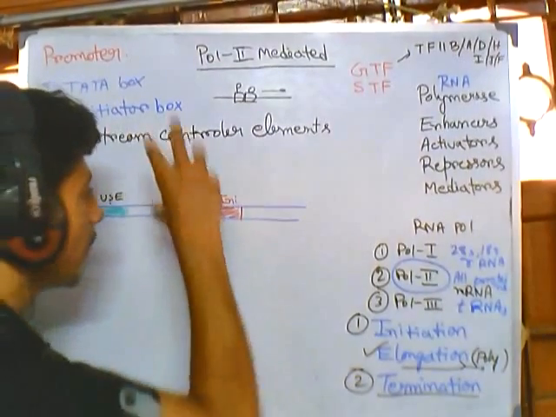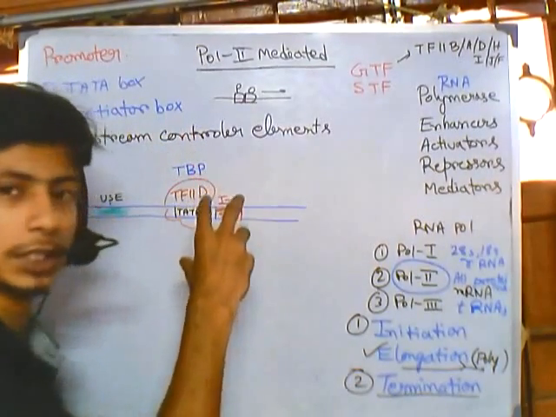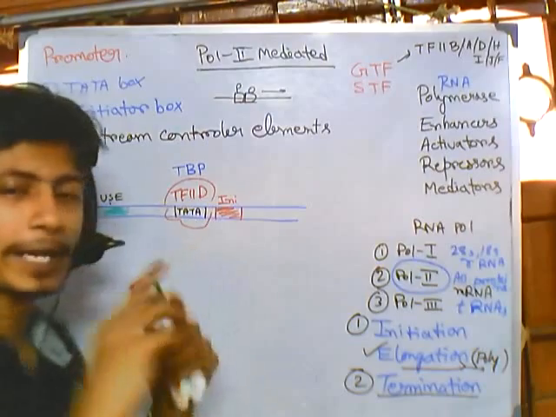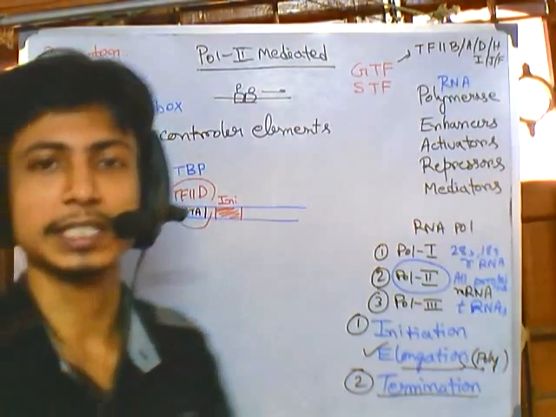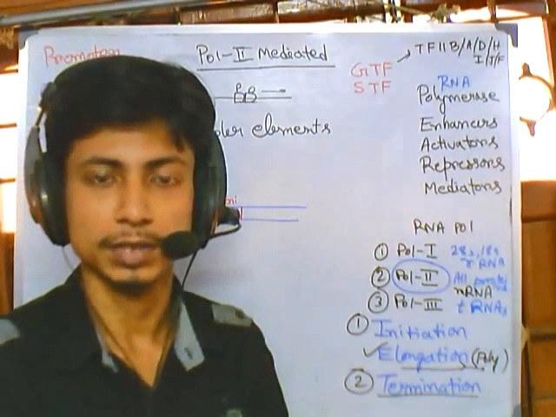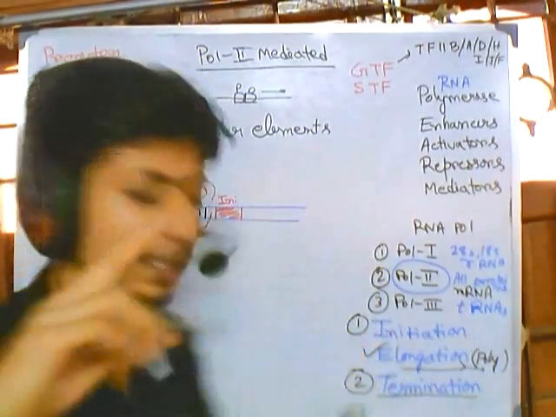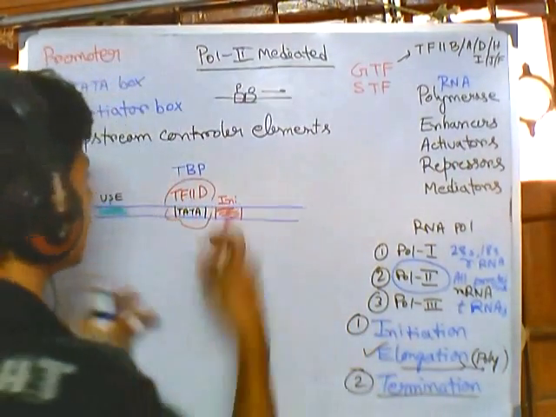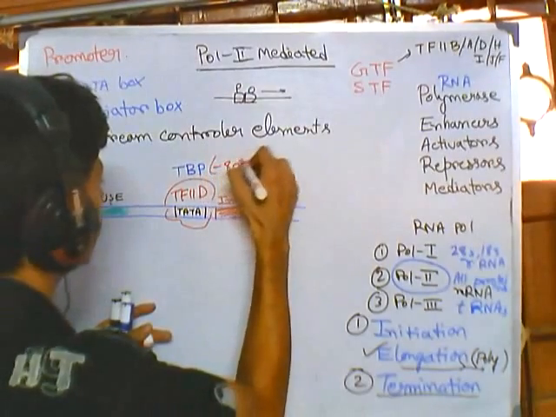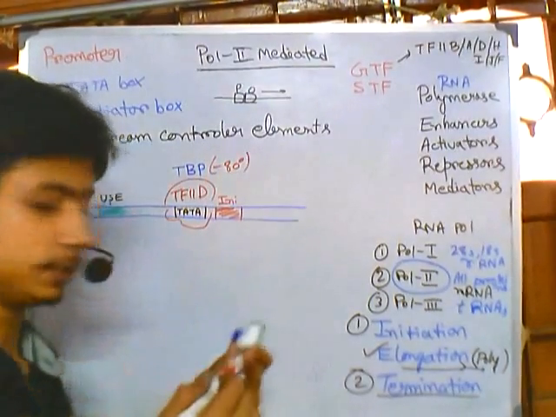Now as it binds with this Tata box region, it will make a conformational change in the DNA sequence, and this conformational change in turn bends the DNA by about 80 degrees.